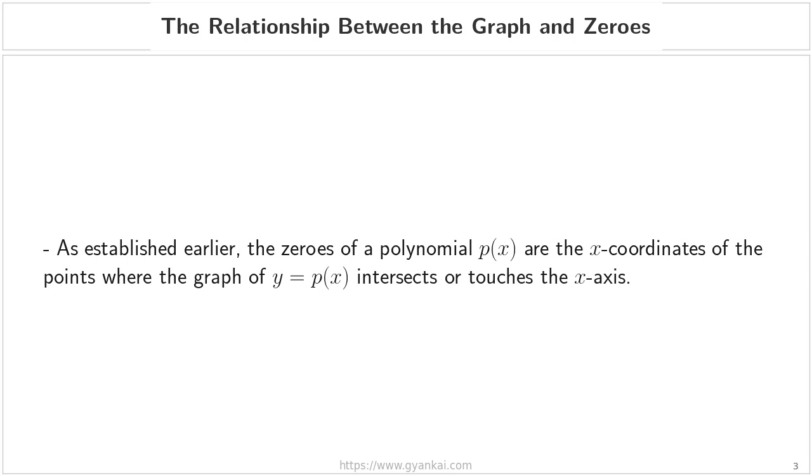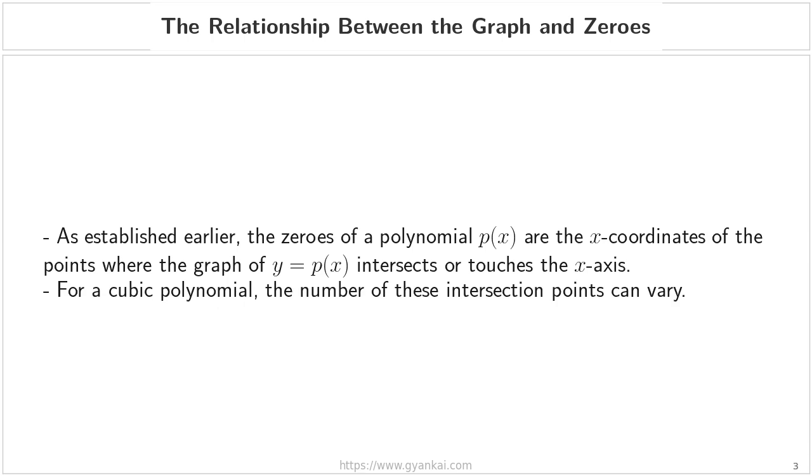The relationship between the graph and zeros. As we established in our previous lessons with linear and quadratic functions, the zeros of a polynomial, which we call p of x, are simply the x-coordinates of the points where the graph of y equals p of x intersects or touches the x-axis. In other words, whenever the curve meets the horizontal axis, those specific x values are our zeros.